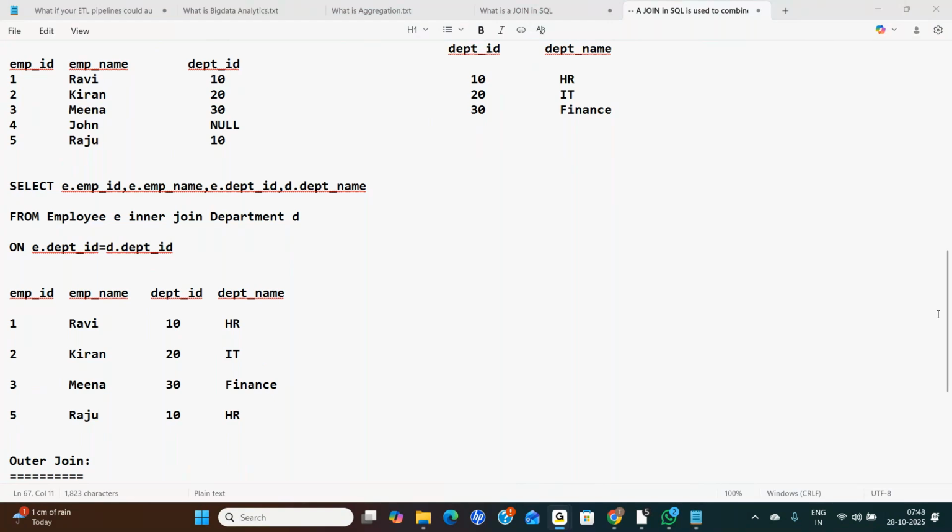So even though there is no equivalent match, it produces rows merging.